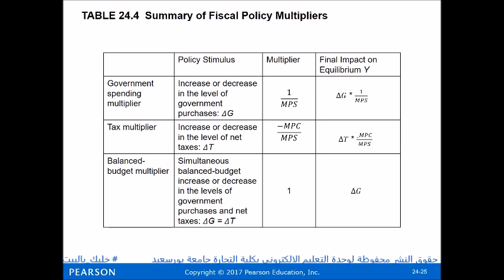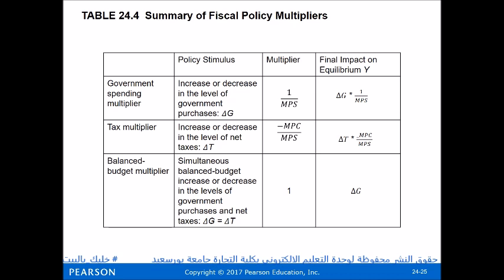Next, we move to the tax multiplier. We see that an increase or decrease in the level of net taxes, or taxes for short, is delta T. The value of the multiplier, the tax multiplier, is calculated as minus MPC divided by MPS, and we can find the change in Y by multiplying delta T by minus MPC divided by MPS.